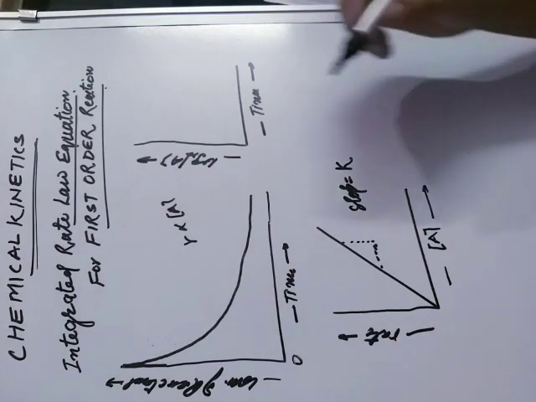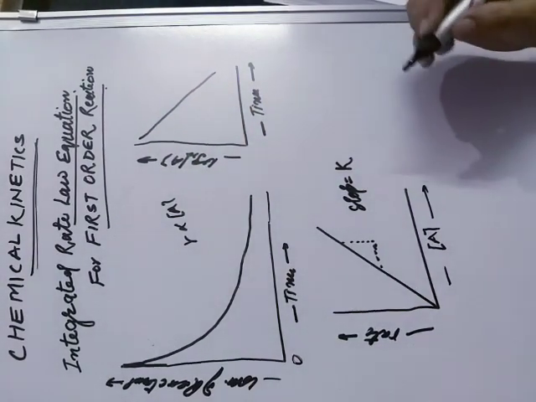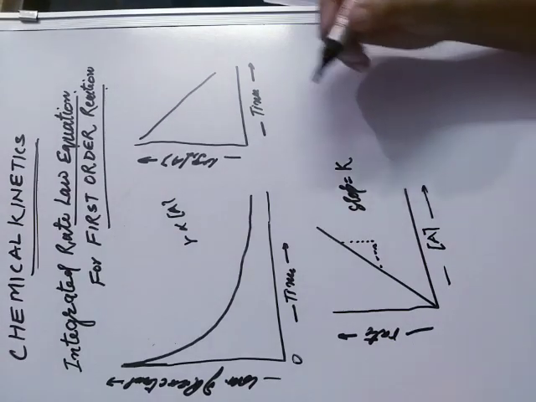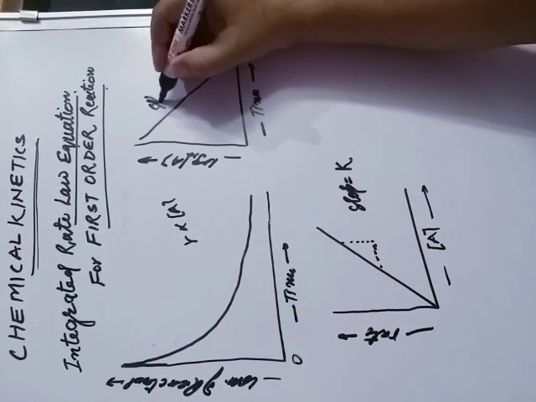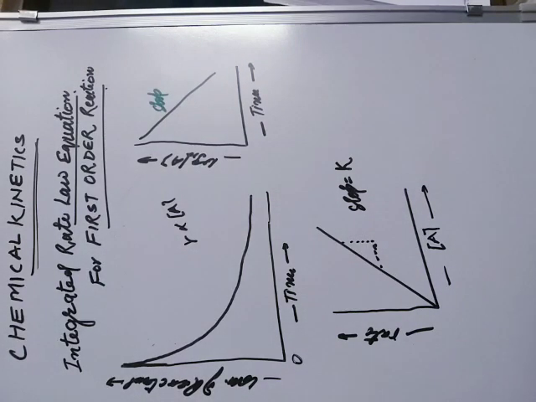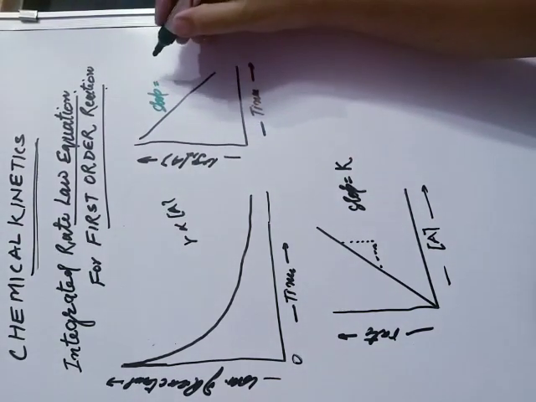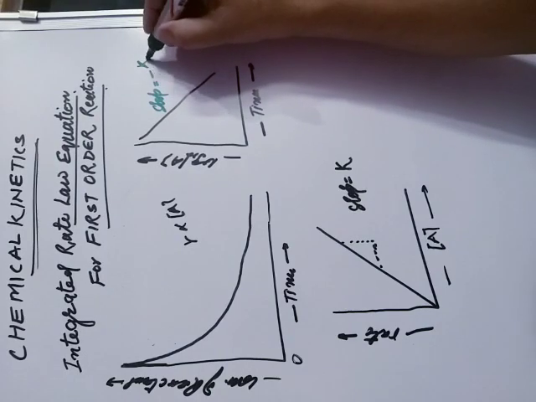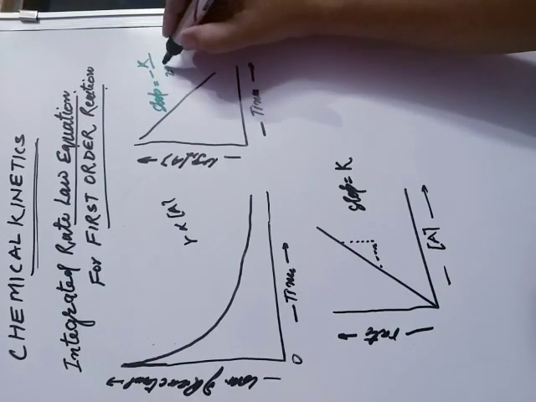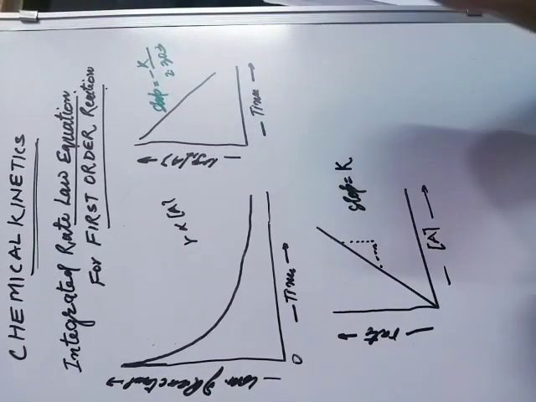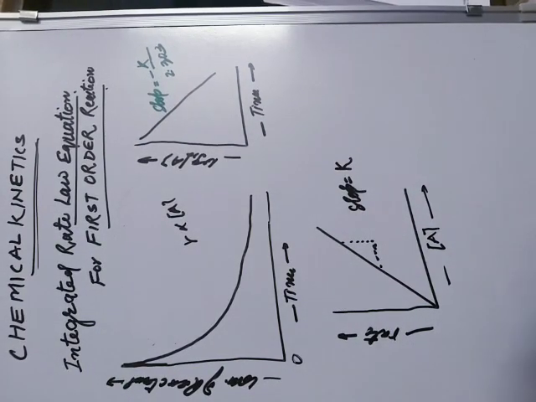Then in that case the plot will be like this, and the slope will be equal to minus K upon 2.303, with the help of the last screenshot you have taken. With the help of that formula, time and log base 10. These are the three graphs that will be part of the syllabus. Now go through all these three graphs and take the screenshot of this.